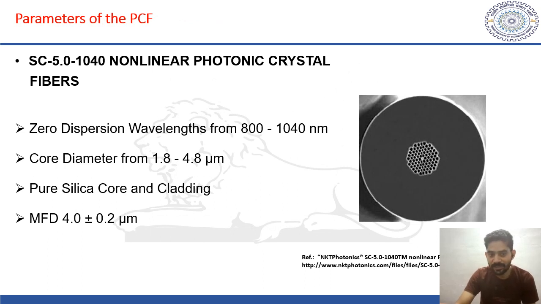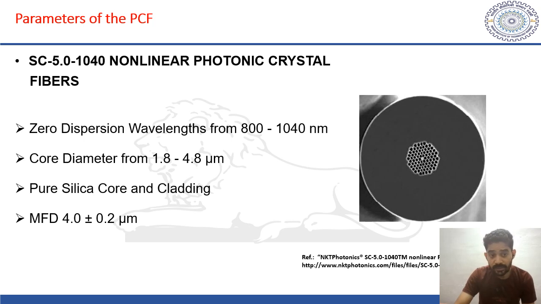Here are the parameters of the photonic crystal fibers. This is the SC-5-1040, a photonic crystal fiber basically used to generate supercontinuum, which is for making a broadband coherent light source.